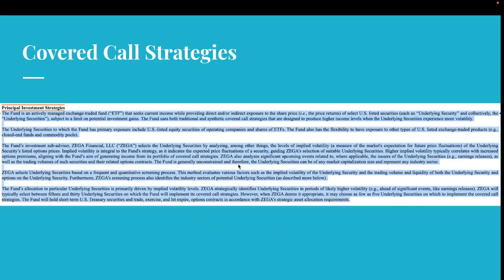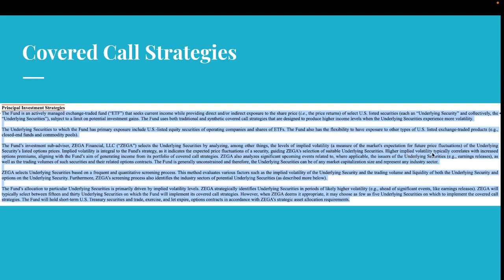All right. The fund's advisor, Zega, selects the securities by analyzing, among other things, the levels of implied volatility, a measure of the market's expectation of future price fluctuation, of the underlying securities' listed option prices. Implied volatility is integral to the fund strategy as it indicates the expected price fluctuations of a security, guiding Zega's selection of suitable underlying securities.